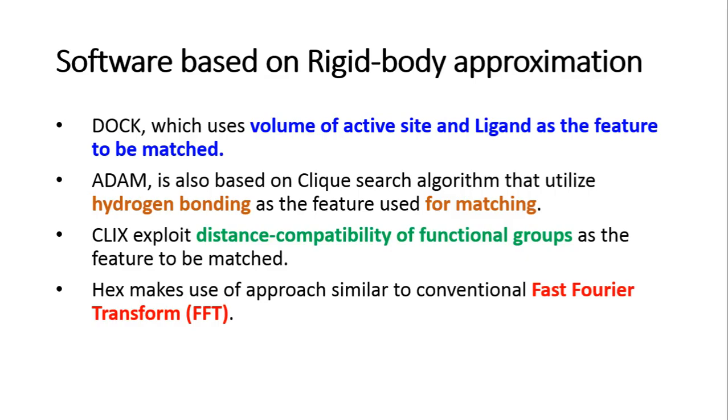On the other hand, ADAM is software that is also based on this clique search algorithm, and it utilizes hydrogen bonding as a feature for matching.